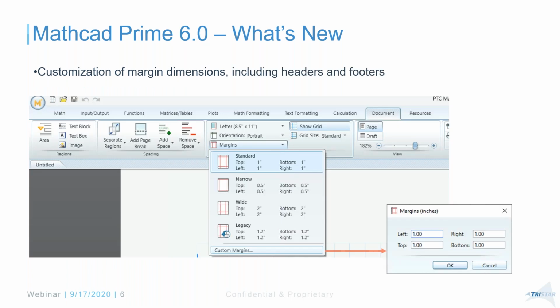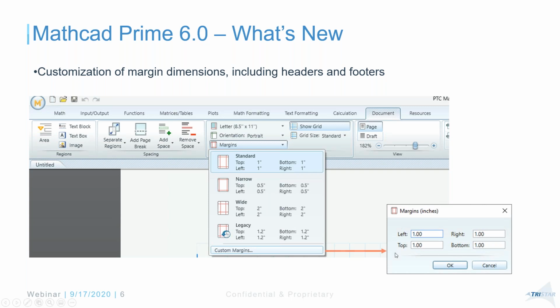As far as customizing your margins, if you go to the Document tab within the Mathcad interface, we have a Margins pull-down menu, and they've got some very quick standard, narrow, and wide options here. At the very bottom, you can hit Custom Margins, and you can type in the values specifically that you want to utilize.